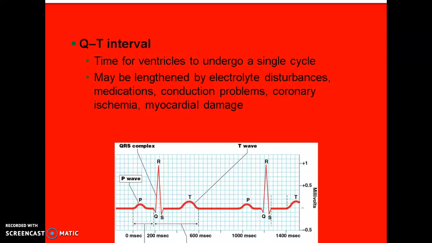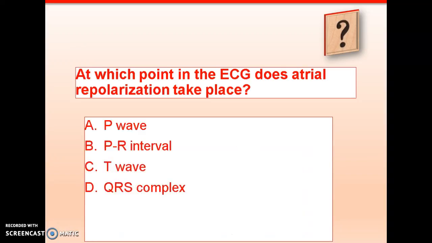The QT interval is the time for the ventricles to undergo a single cycle, and this can be lengthened by electrolyte disturbances, medication, conduction problems, coronary ischemia, which is lack of blood flow to the heart, and myocardial damage. It's not important to know the different problems from the PR or the QT complex. Just realize that the length of those can indicate specific problems with the heart.